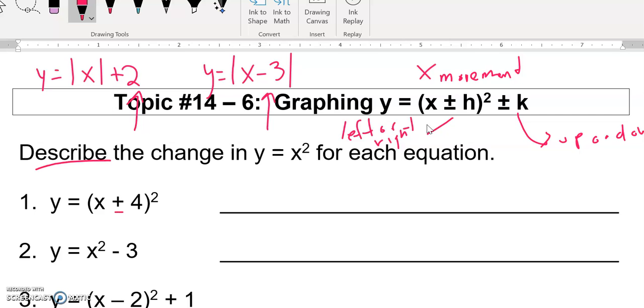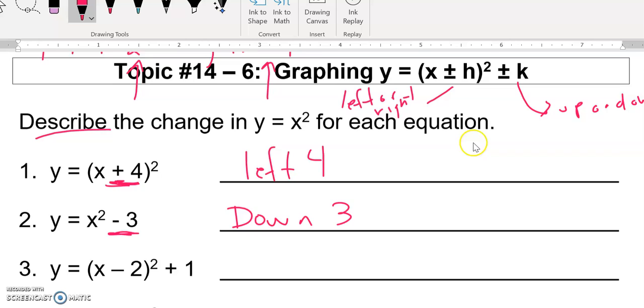It says describe, so you're going to use your words. Describe (x plus 4), all in parentheses squared. This causes it to go left or right, and so that is left 4. Remember, inside the parentheses, it does it different than what you expect. Outside the parentheses, down 3.